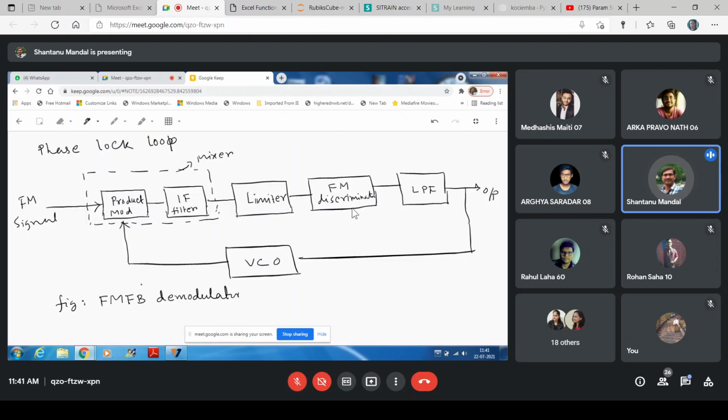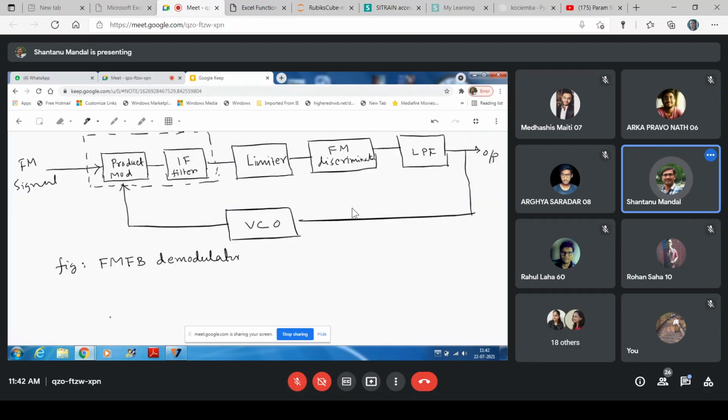Threshold effect means the minimum value of the carrier to noise ratio below which the FM output signal is distorted. This is the threshold effect.